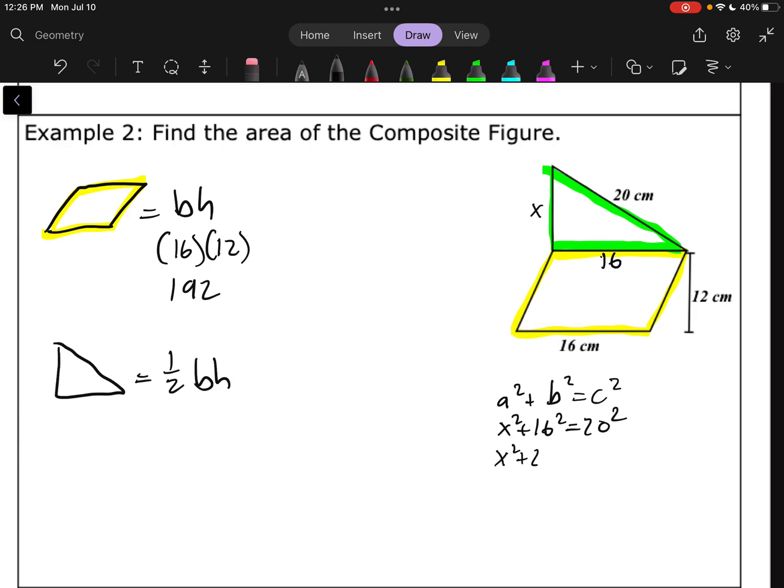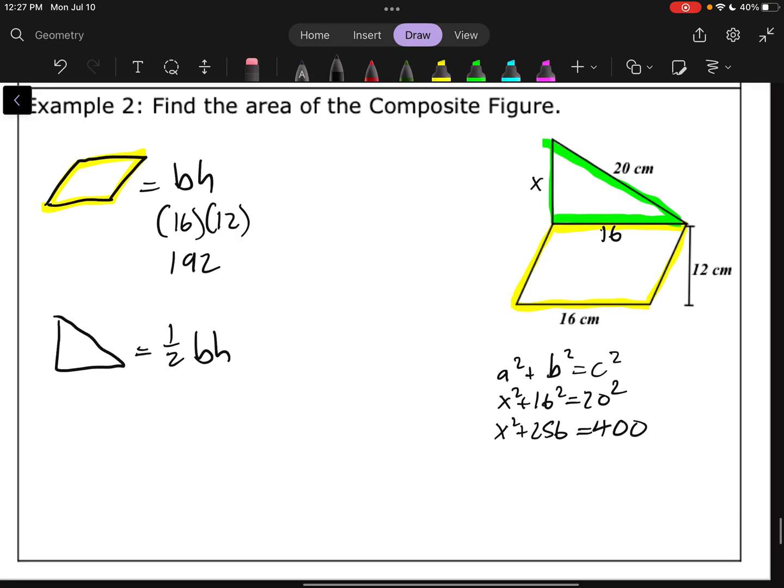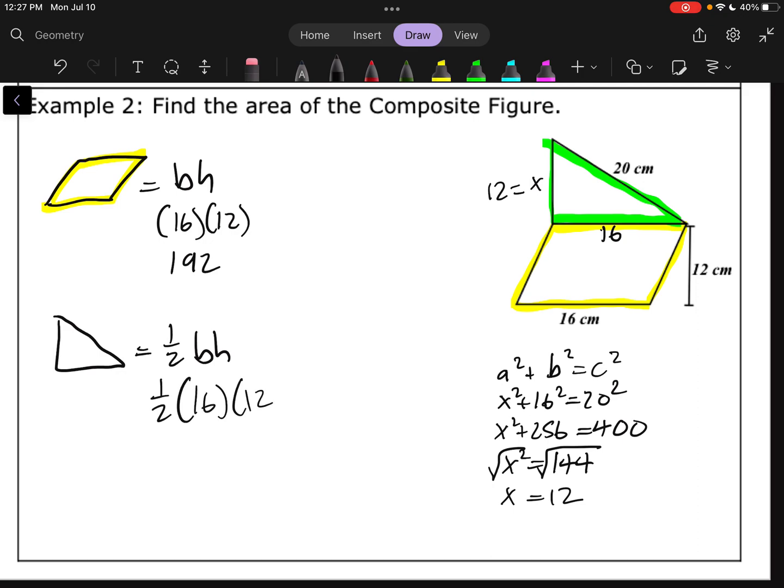It'll be x squared plus 256 equals 400. If I subtract the 256, I'll get 144. So the height of our triangle is 12. So we'll do 1/2 times 16 times 12. And that should give us 96.